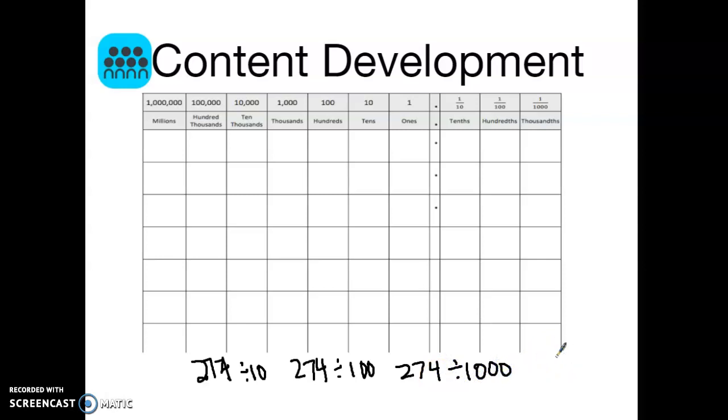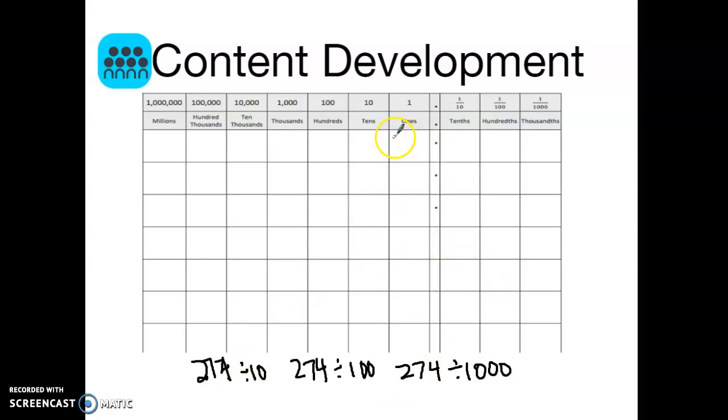Remember, when we divide, our numbers get smaller. We're breaking our groups down and making them smaller. That's one of the biggest things to keep in mind when we divide. We're chunking it out, right?